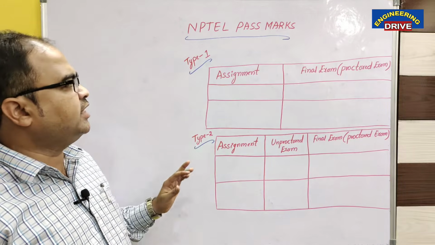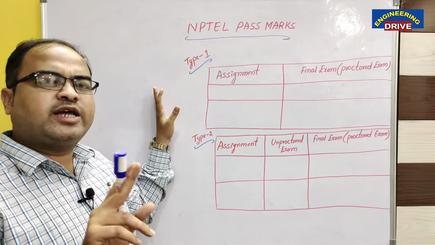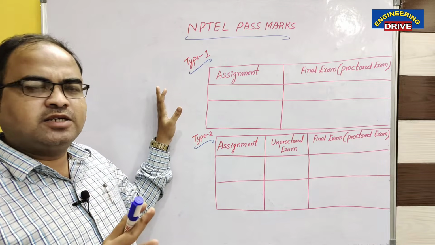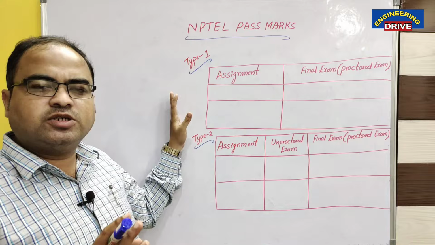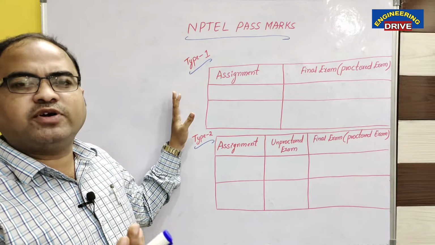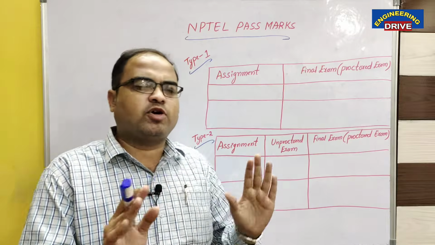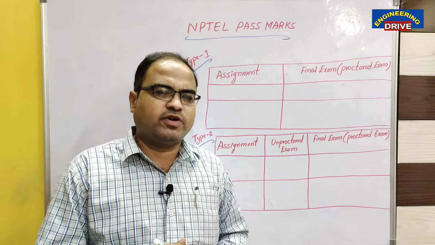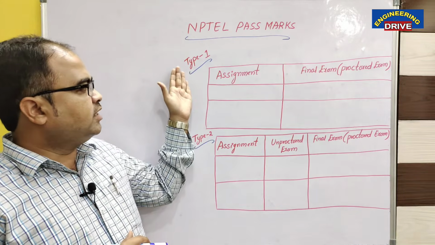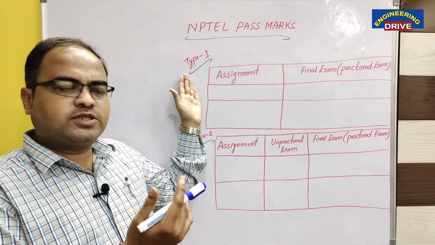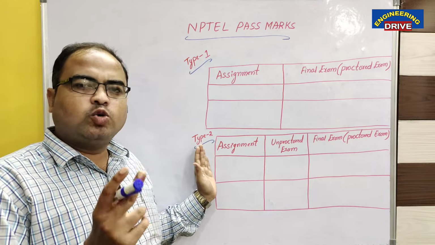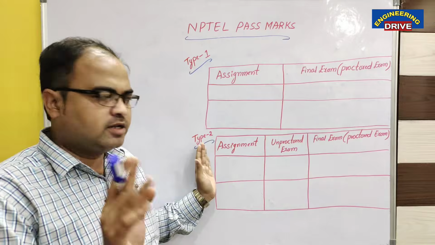Dear students, you can see here there are two types of methods which NPTEL uses in order to make you qualify the exam. This method is not the same for all the aspirants of NPTEL. You can see here there are type 1 users and type 2 users. Two types of users are there in NPTEL.